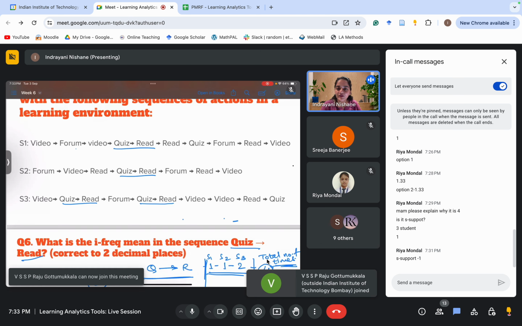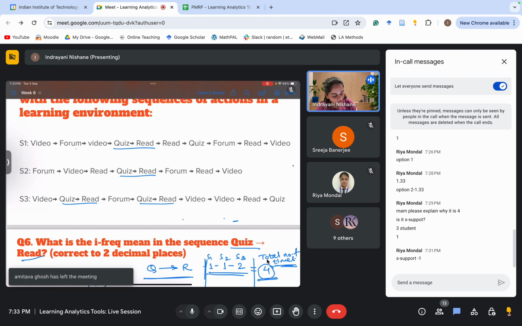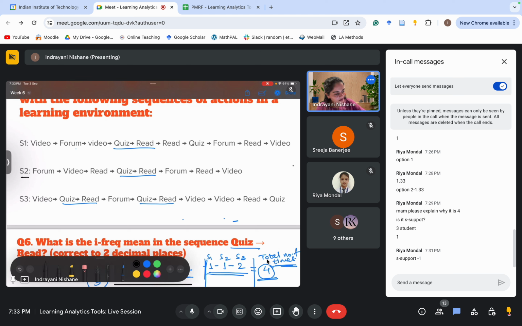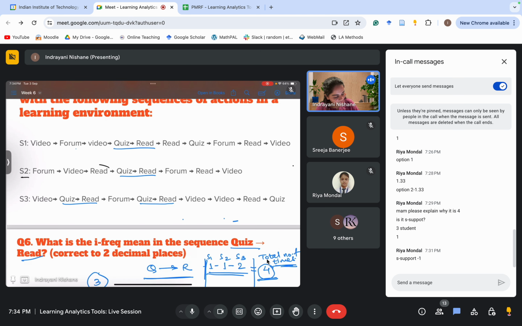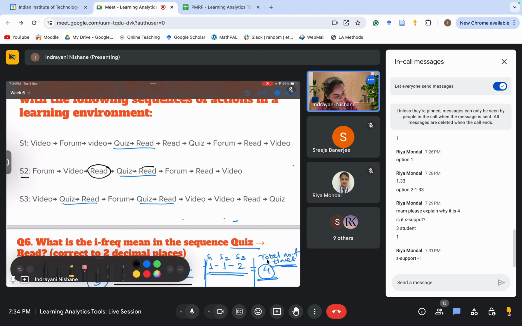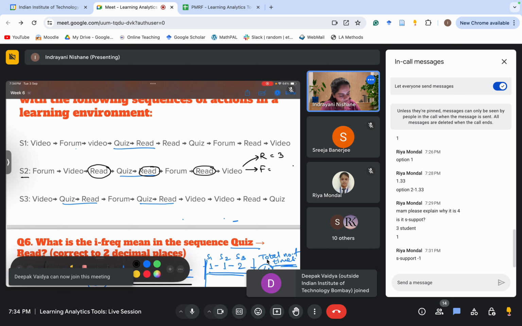We are supposed to calculate the significance of read for S2. So we will count how many times read has occurred. Read has occurred 3 times. Now similarly we will do it for forum, and for all the actions which are there.